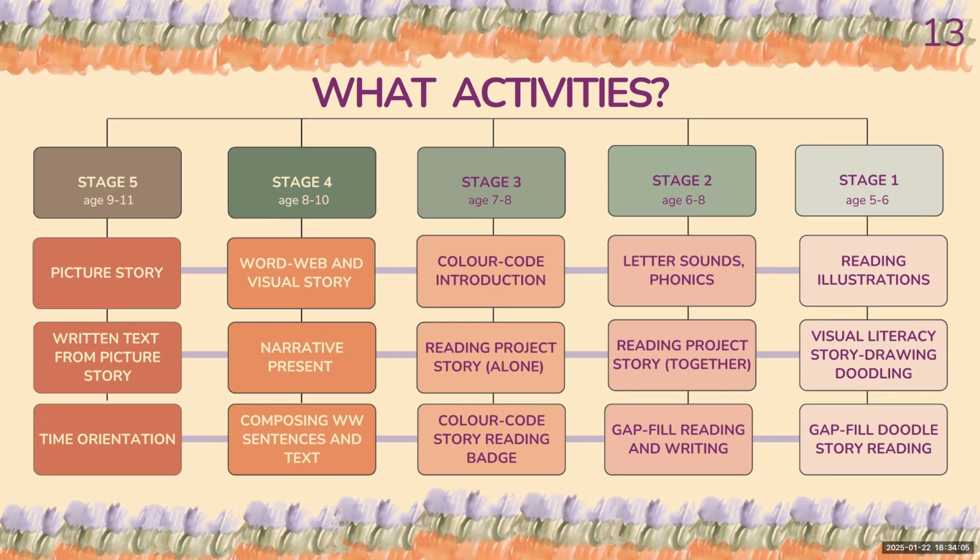We also use doodling. A doodle is a visual tool where children reinforce their speaking and understanding through retelling and redrawing the project story themselves. And in order to practice speaking, they present this doodle story to us, the teachers. That is stage 1, and this is how we start.